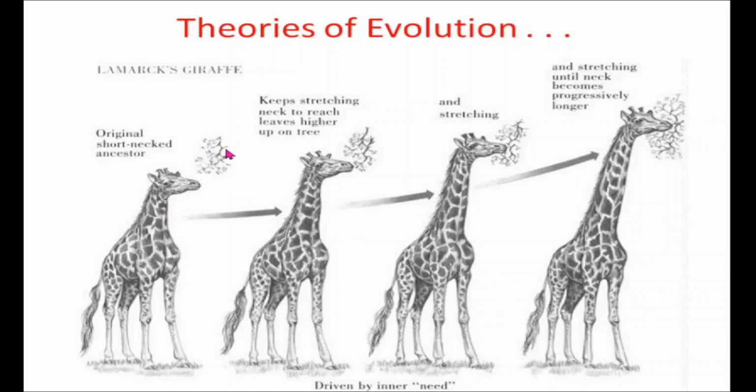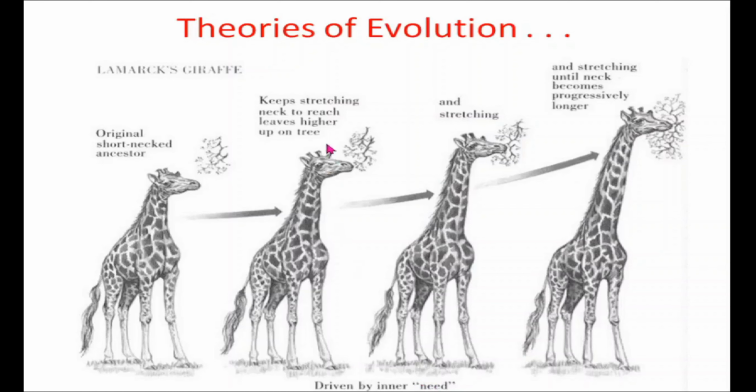Then this ancestor strives to reach the branches of trees. That is their inner need. They want to reach the top of the canopy. They hate to graze on grasses. Okay, that is their need. He also says the inner need contributes to evolution.